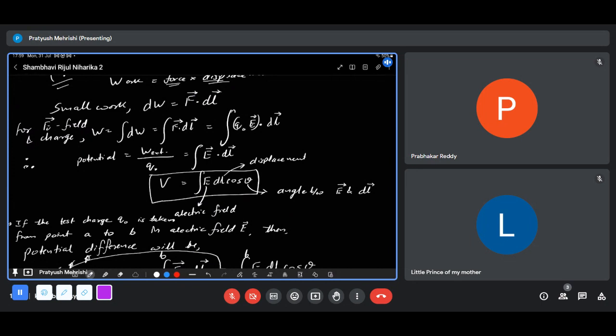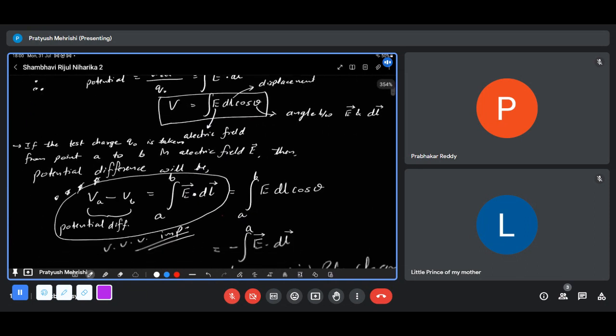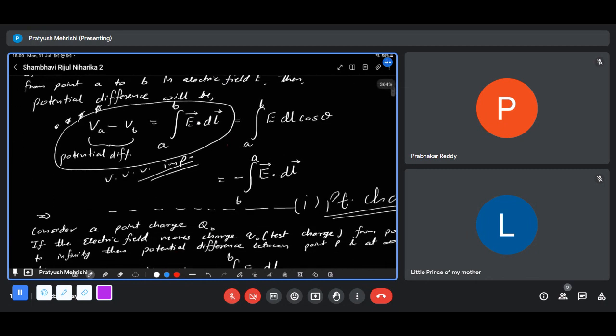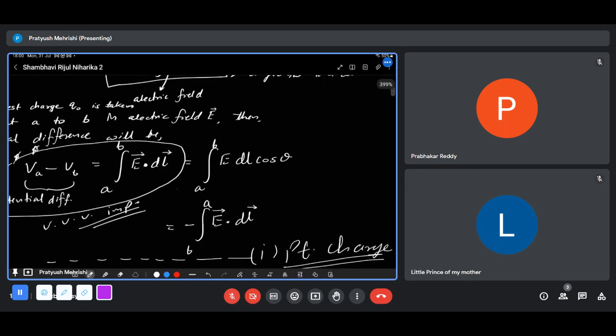If the charge is moving along the electric field, then this cos theta will be 1. So E into dl, that's it. Important thing is that if theta is not 0, then we will have to consider the value of cos theta.